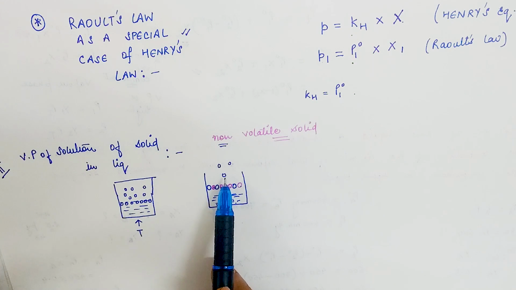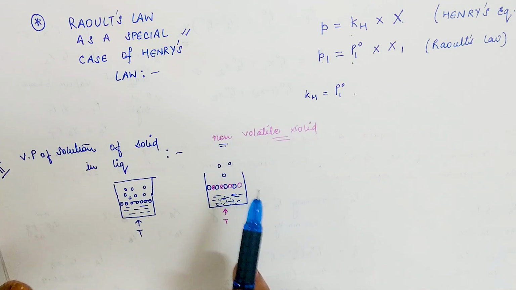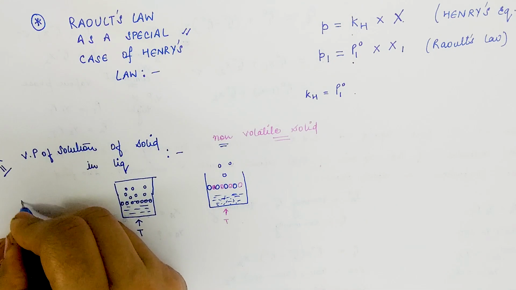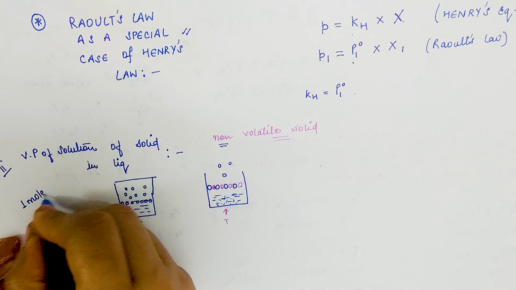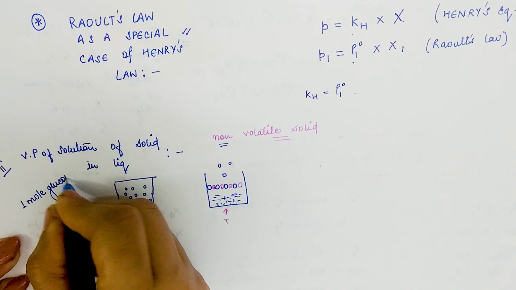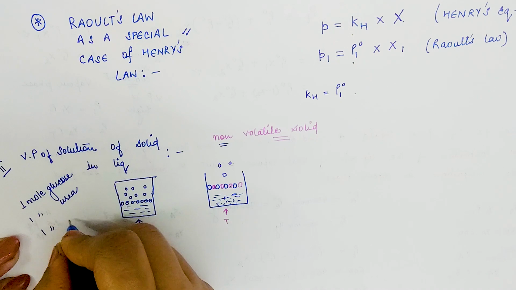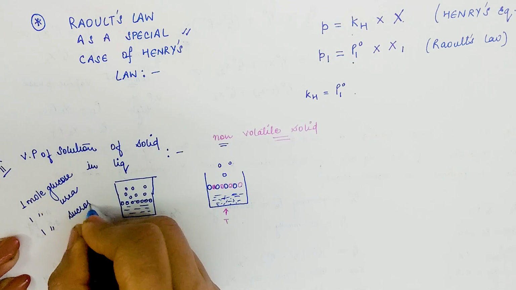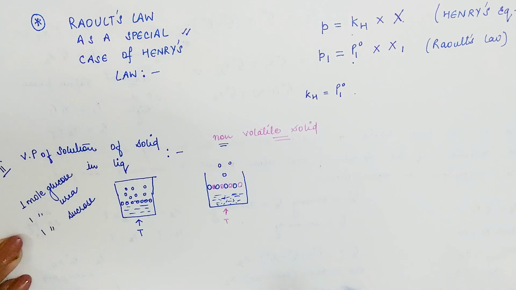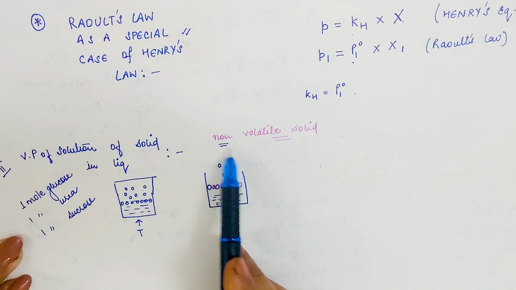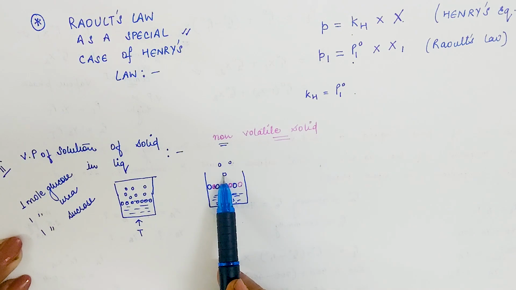This depends on the amount we have taken, irrespective of its nature. Either you take 1 mole of glucose, 1 mole of urea, 1 mole of sucrose or any other non-volatile solute. This lowering is the relative lowering of vapor pressure. So whenever a non-volatile solute is added, there is a lowering in the vapor pressure of the given liquid.